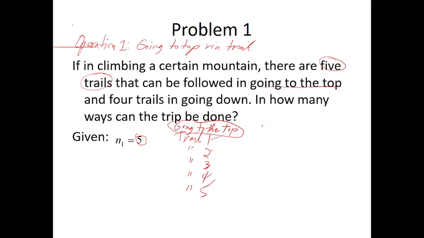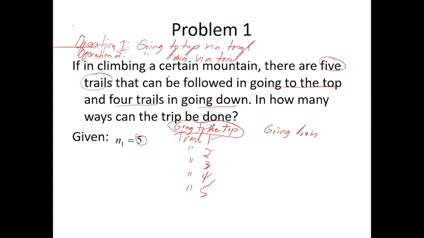How about in going down the mountain? There are 4 trails in going down. So that is operation number 2: going down via trail.